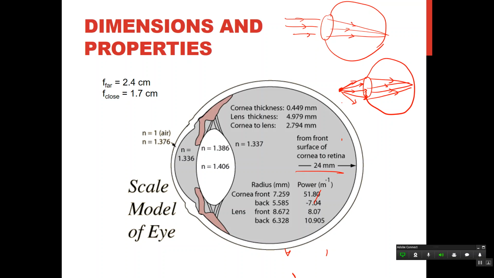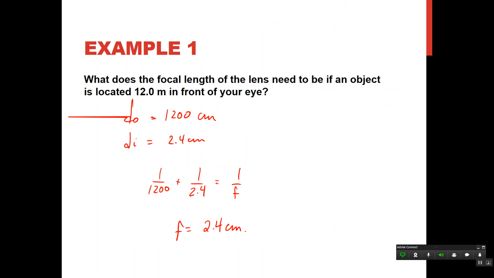Now, what if this wasn't 12 meters, and it was instead 12 centimeters. Now you're looking at an object that's actually pretty close. You ever try looking at your phone 12 centimeters away? It's not very easy, and your eyes need to do some kind of gymnastics to be able to resolve it. But the point is that your eye still has to have the flexibility of switching between long and short distance.